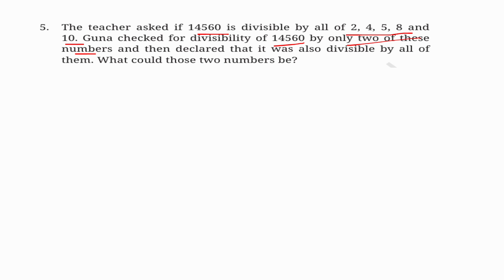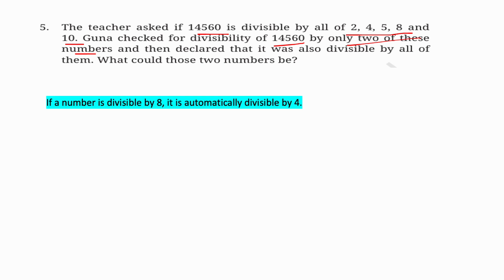So here, Guna checked for divisibility of 14,560 by only two of the numbers 2, 4, 5, 8 and 10 and then declared that it was also divisible by all of them. We have to find those two numbers. See, if a number is divisible by 8, then it is automatically divisible by 4.